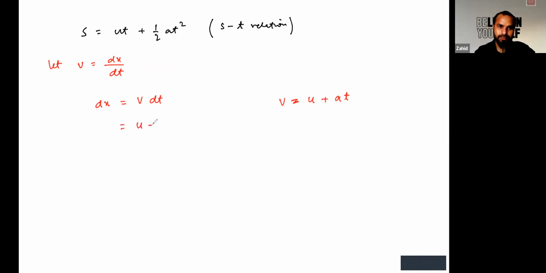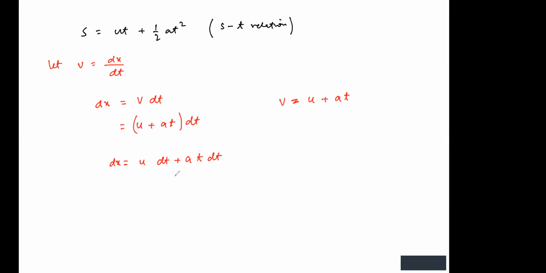It will be u plus a times t multiplied by dt, which on expanding becomes u times dt plus a times t dt is equals to dx. Is it clear? Yes, sir.